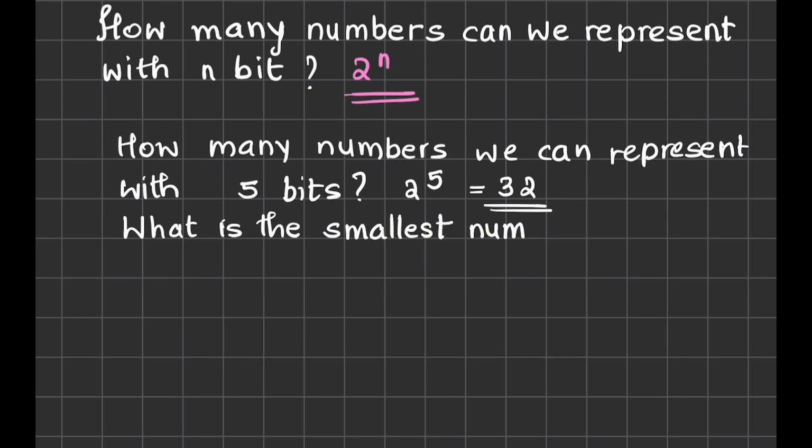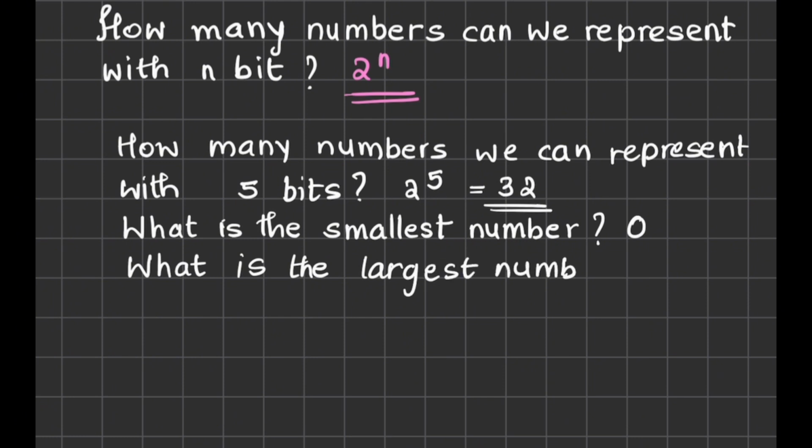The smallest number is going to be 0. What is the largest number that we can represent with 5 bits, in decimal? It would be 2 raised to 5 minus 1, which is 32 minus 1, which is going to be 31. That is the decimal number corresponding to the largest binary number.